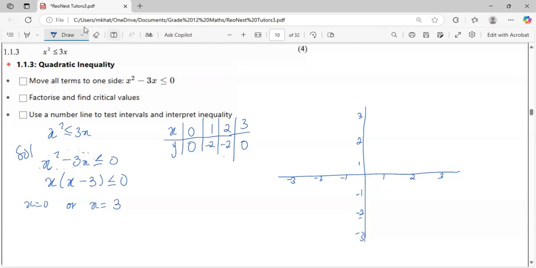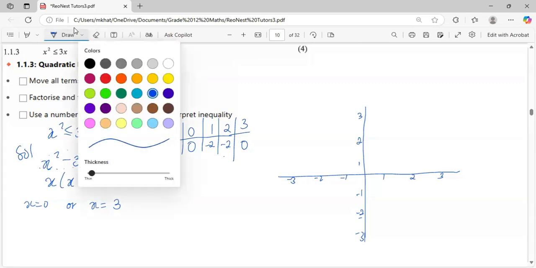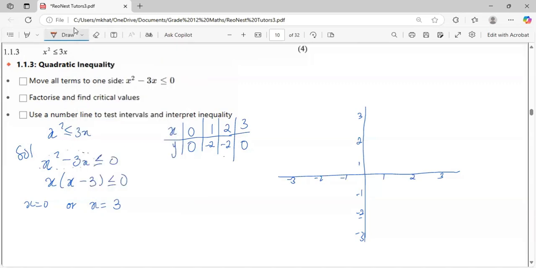We already know the values we looked for: when x is 0, y is 0. So this is the starting point. When x is 1, y is negative 2. When x is 2, y is negative 2. When x is 3, y is 0.